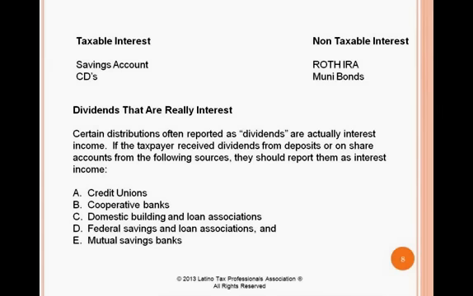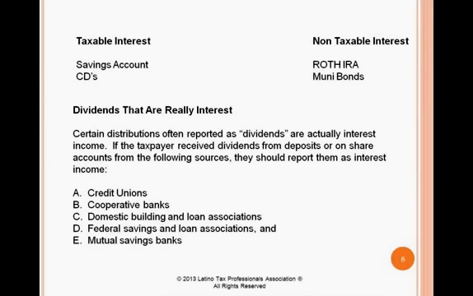Certain distributions, often reported as dividends, are actually interest income. If the taxpayer received dividends from deposits or on share accounts from the following sources, they should report them as interest income: credit unions, cooperative banks, domestic building and loan associations, federal savings and loan associations, and mutual savings banks.